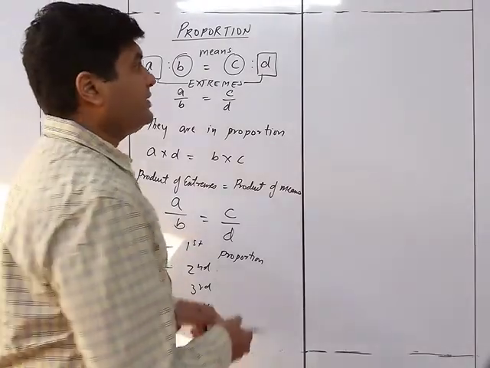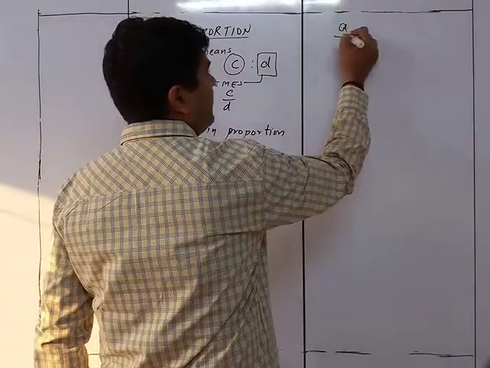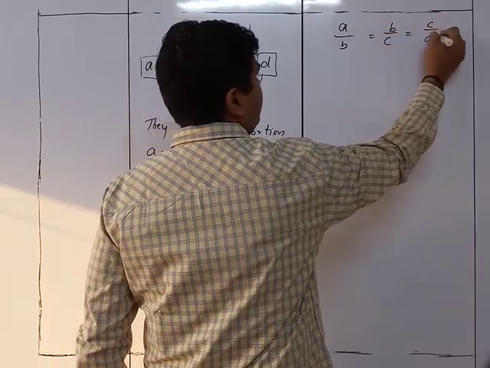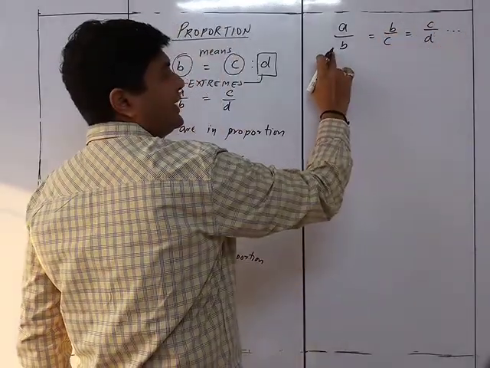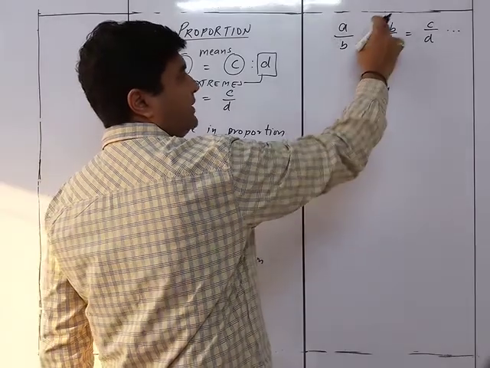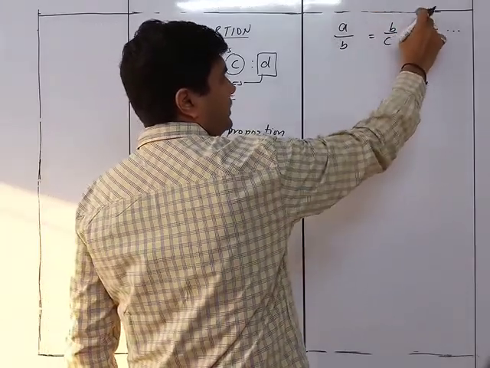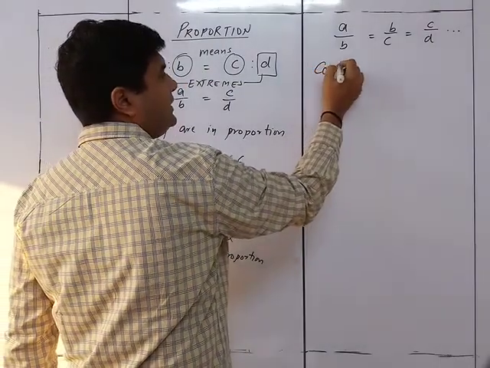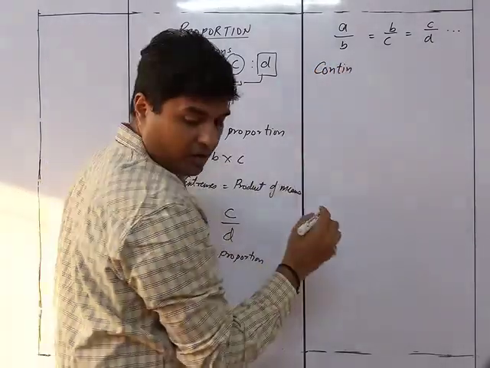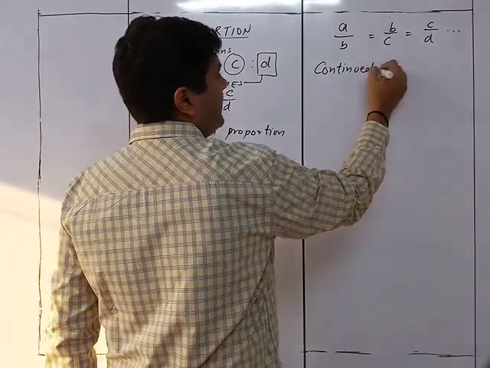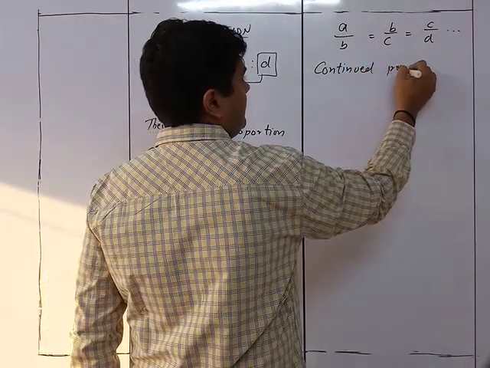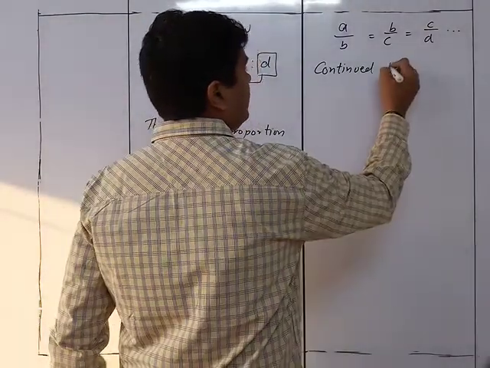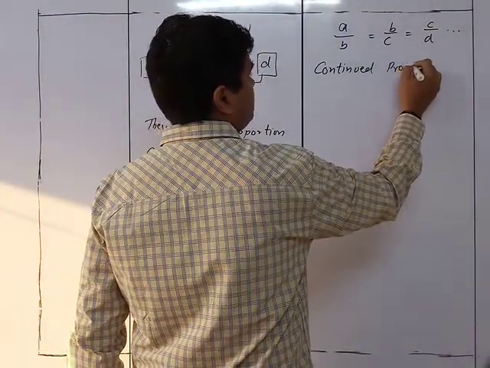In certain cases, it could be possible that A upon B is equal to B upon C is equal to C upon D, and so on. So you can see that this variable over here is repeating, this repeats over here, this repeats over here. Such a kind of proportion is called a continued proportion.